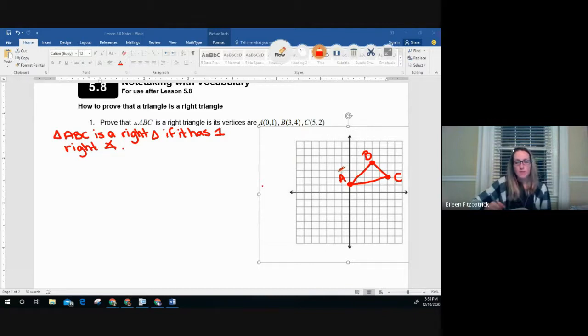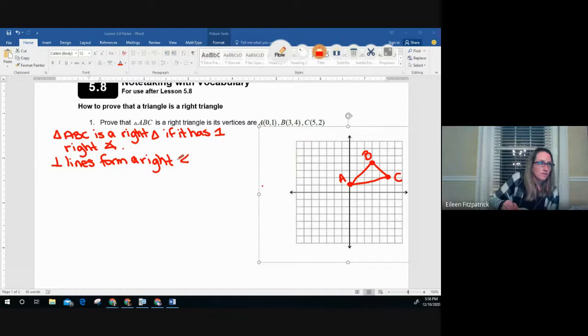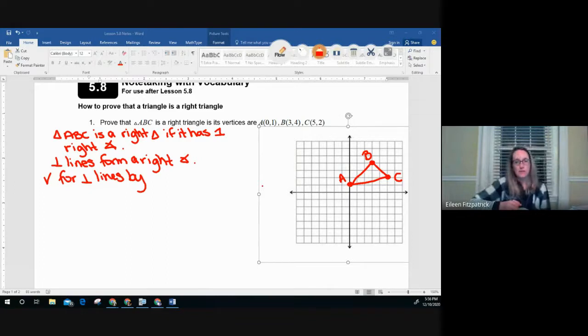All right. How are right angles formed? Right angles are formed when we have perpendicular lines. When 2 lines are perpendicular, we create a right angle. So perpendicular lines form a right angle. So how are we going to check for perpendicular lines? We're going to calculate their slopes, because we know the slopes of perpendicular lines are opposite reciprocals.